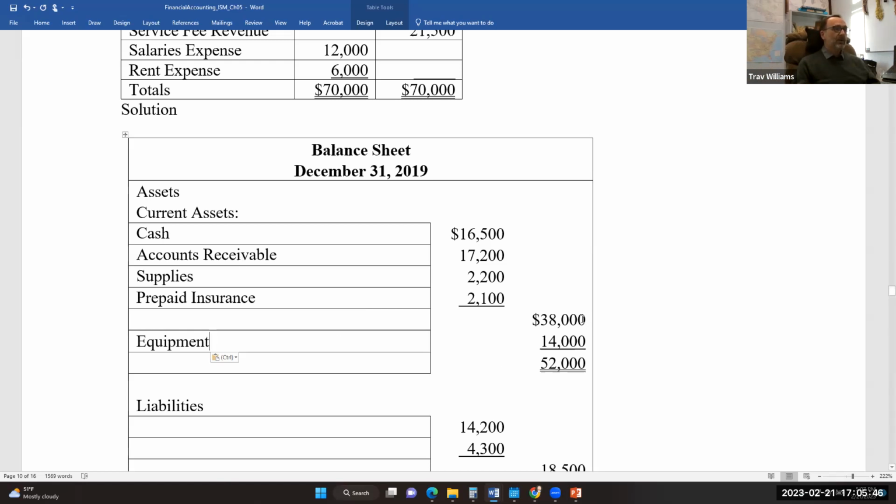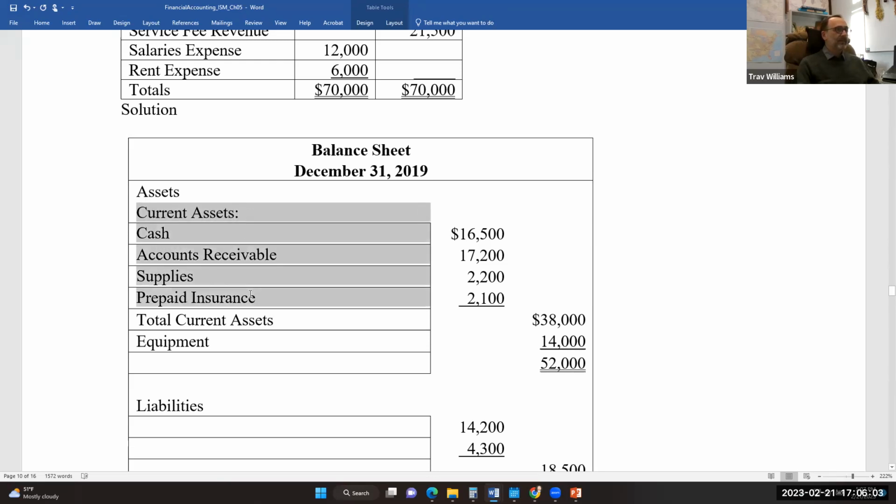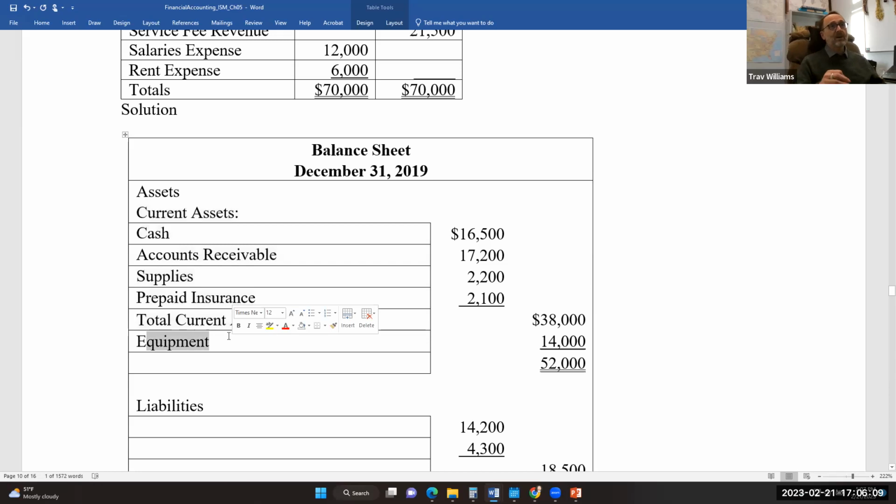So this total here, 38,000, this is the total of our current assets. Okay, so you see that there's a section here for current assets. So we listed them, and then we have total current assets. Now, sometimes in the next section, you would put non-current assets or some other title.